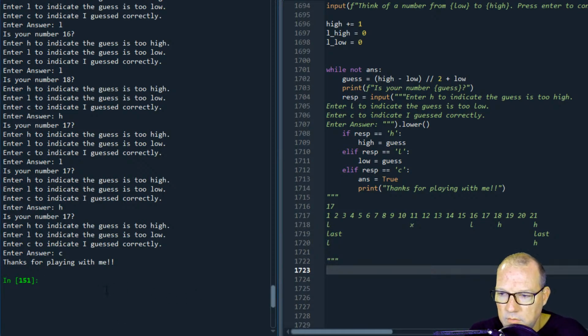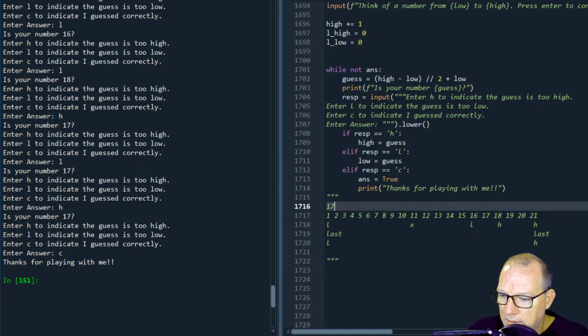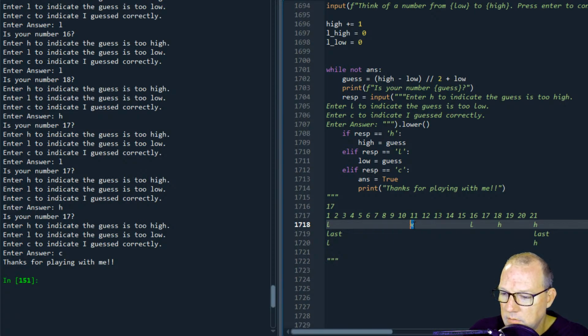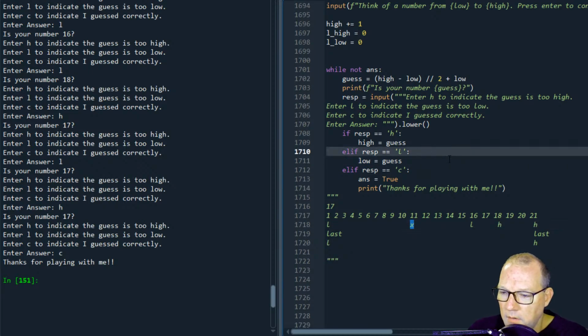When we give a low answer, too low, it will move over here. So then our low becomes our guess. All right. Bingo. Here we go.